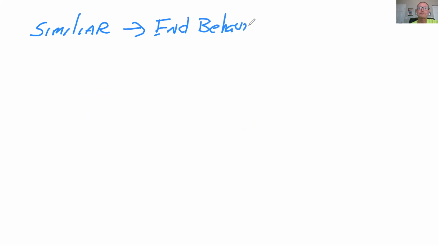And the strategy for the calculation is very similar to that idea of end behavior, or the leading term test. Remember, we talked about that in section 5.1 on polynomials.